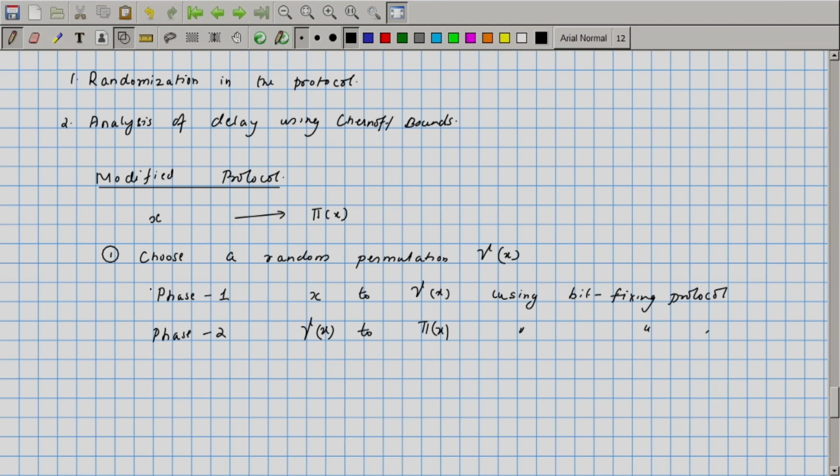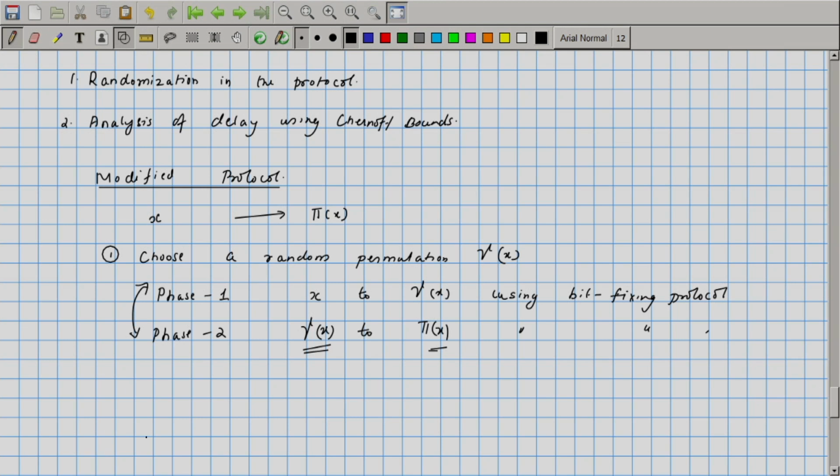We have to do that twice, and the second part is exactly similar to the first, because the analysis will be identical. So, we just have to do it for one phase, because the time taken to send from x to gamma x is essentially similar to the time from gamma x to pi x.